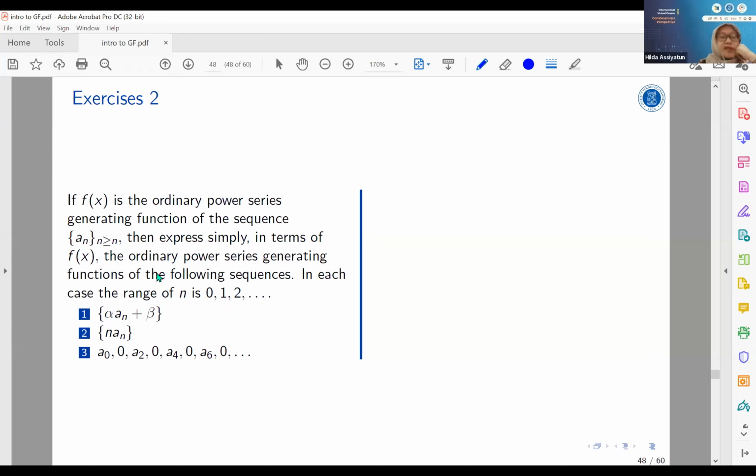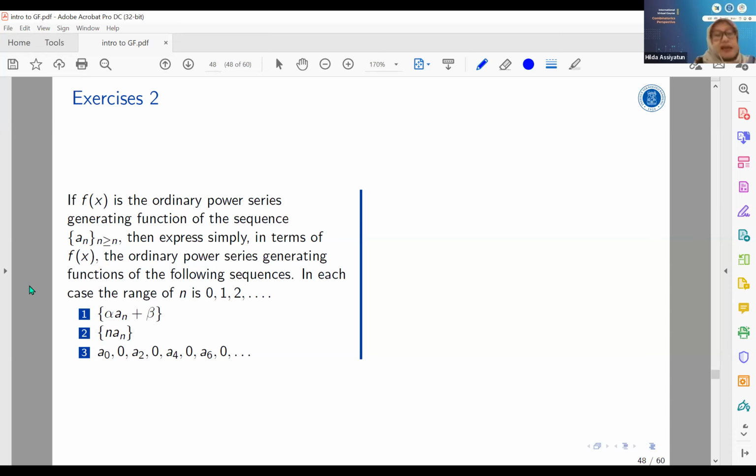Maybe we can try this one first, before I continue with the next two-variable sequence.